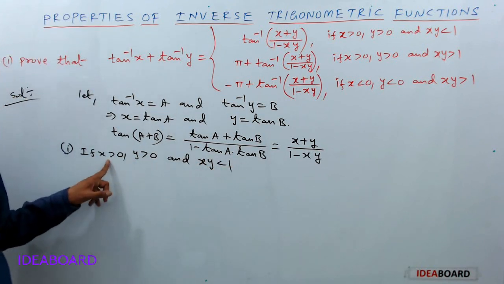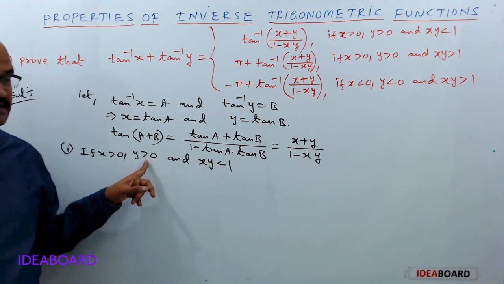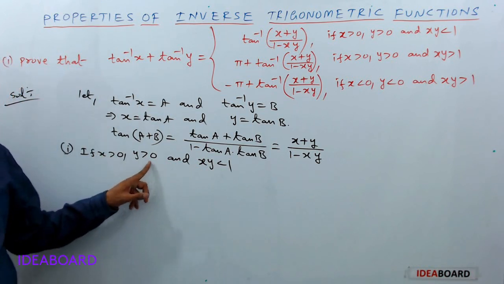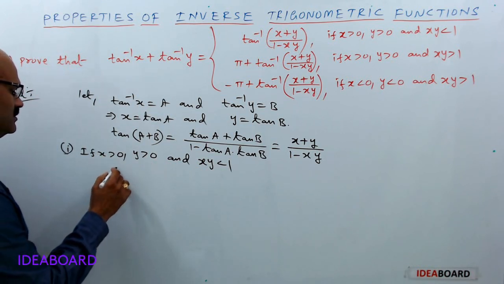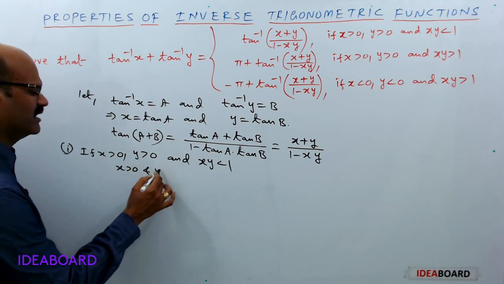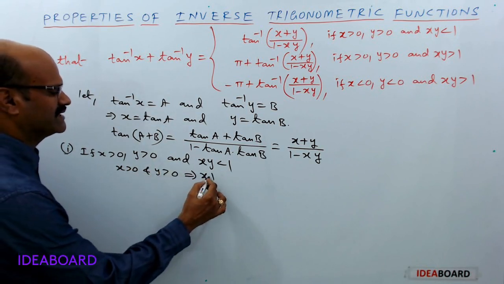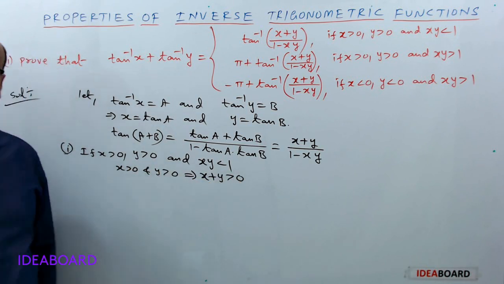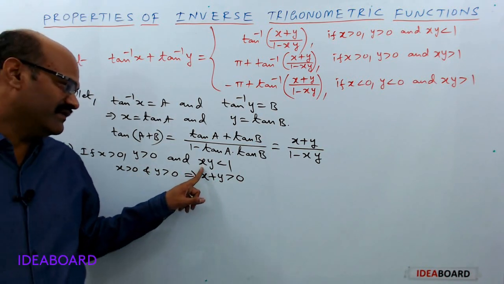Whenever x greater than 0 and y greater than 0, x plus y is also greater than 0. It implies x plus y greater than 0. Now xy less than 1.